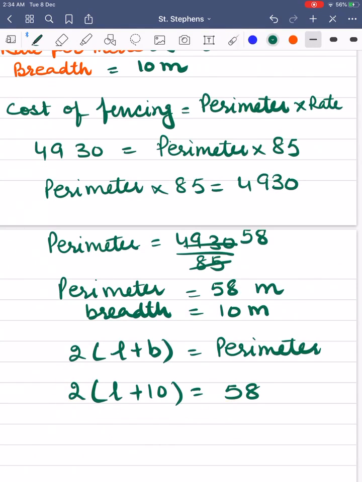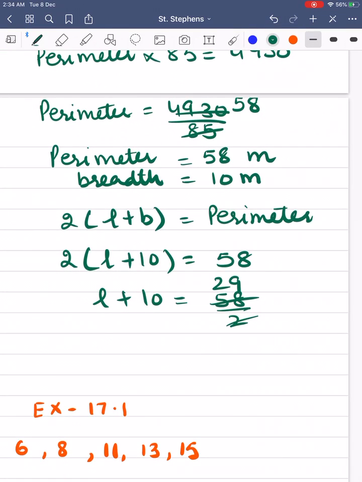So we have length plus 10 is equal to 58 upon 2. Cancel out the common factor. So we get here L plus 10 is equal to 29. Now transpose 10 to the other side, so it will get subtracted. So we have length is equal to 29 minus 10, which is equal to 19 meters.